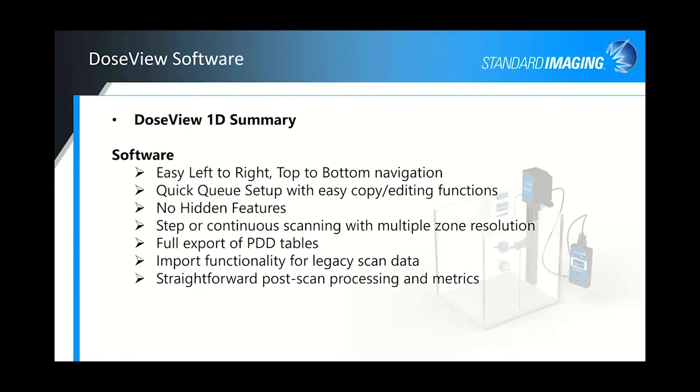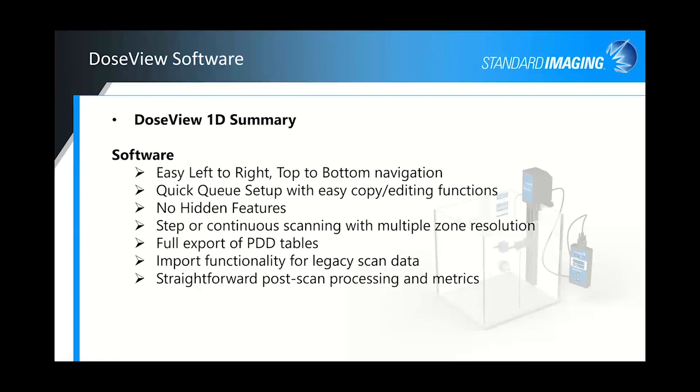You've got quick queue setup, and there are some very easy copy and editing functions, which I didn't show you in the interest of time, but you can copy different queues and then change the energy, so you don't have to do a queue for each energy. You can just copy and edit that function. Again, no hidden features, everything is right there for you, easy to utilize. And the full export of PDD tables.